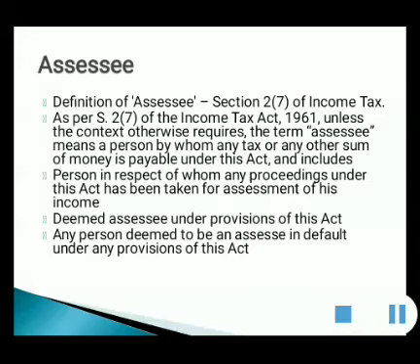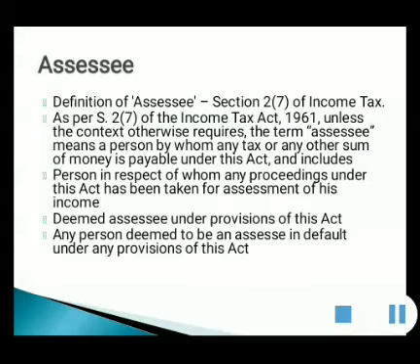The term assessee means a person by whom any tax or any other sum of money is payable under this Act, and it also includes a person in respect of whom any proceedings under this Act have been taken for assessment of his income, and a deemed assessee under provisions of this Act, and any person deemed to be an assessee in default under any provisions of this Act is known as deemed assessee. So this is known as assessee: the person on whom we are levying the tax, or who is liable to pay the tax.